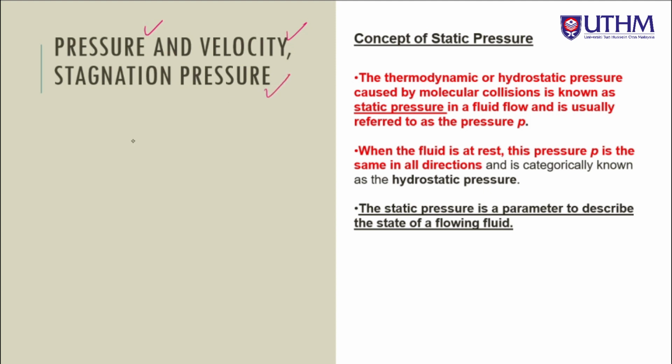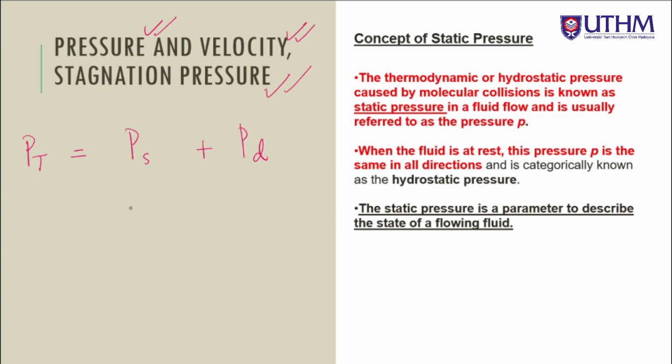So from this part onwards, we will focus on the details of the Bernoulli equations, which consider the pressure and the velocity, and also some part of stagnation pressure. What is stagnation pressure? But before we proceed, we need to know the basic concept that total pressure, P total, would be equal to PS plus PD.